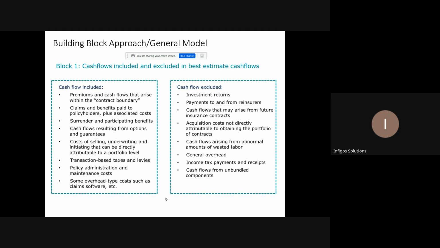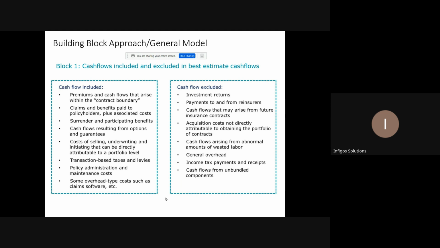When you sell the insurance contract, there are some costs called acquisition costs, and some costs called renewal costs. Those costs are part of the cash flow. Taxes, policy administration and maintenance are also part of the cash flow. And there are some overheads related to the claim software, etc. That's also part of the cash flow.